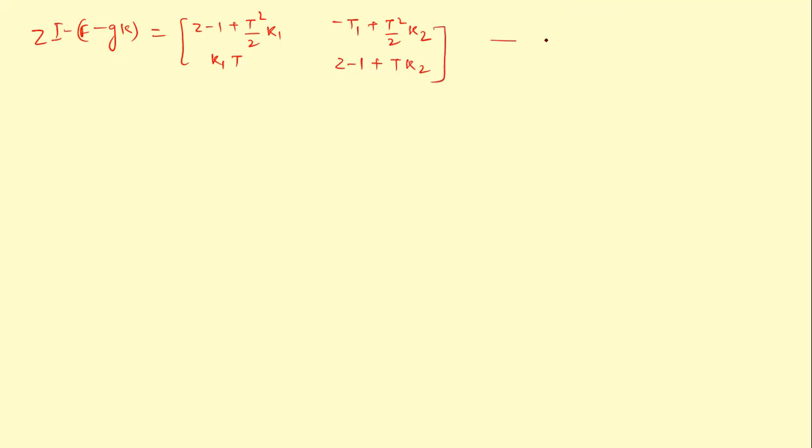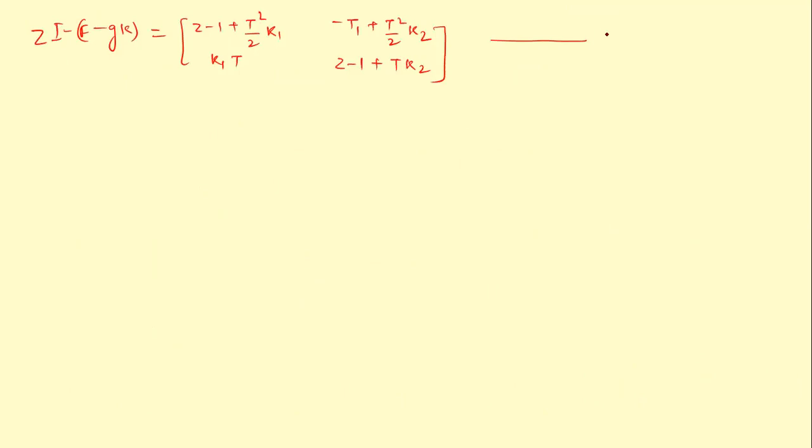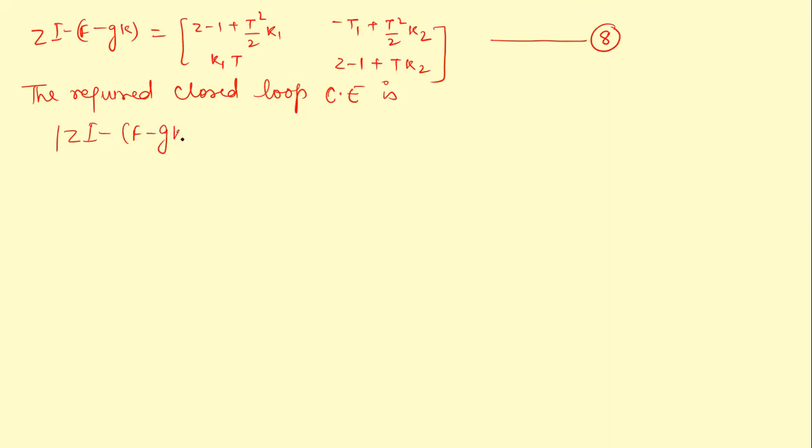So this is, for example, our equation number 8 here. Now the required closed loop characteristic equation is the determinant of zI minus F minus GK equal to 0.